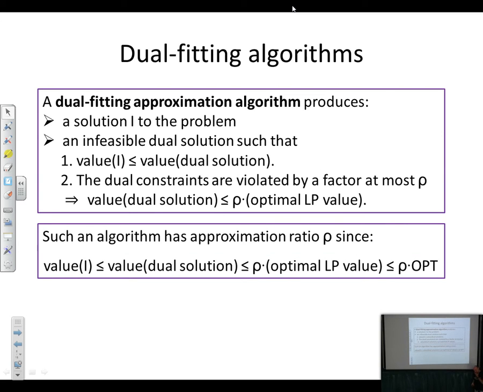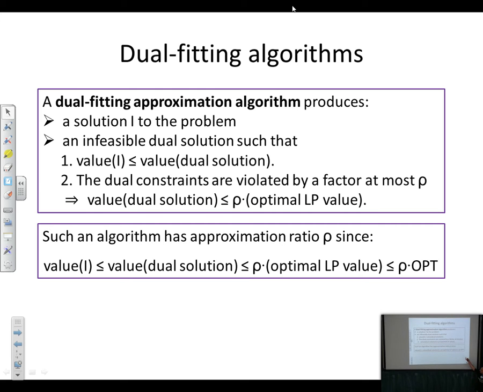So the technique I think that might handle this is the dual fitting algorithms. So what is a dual fitting approximation algorithm? It produces a solution I to the problem, and usually an infeasible dual solution, such that the value of the solution we compute is at most the value of the dual solution we get.